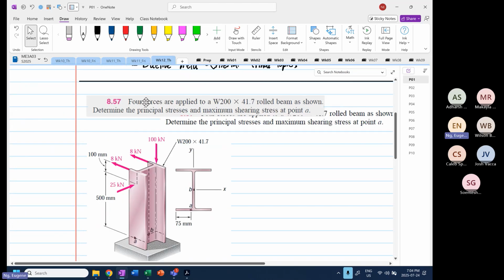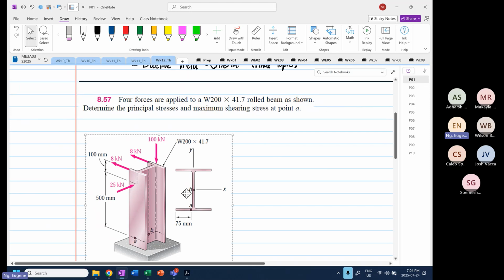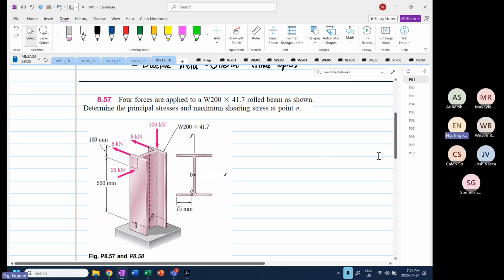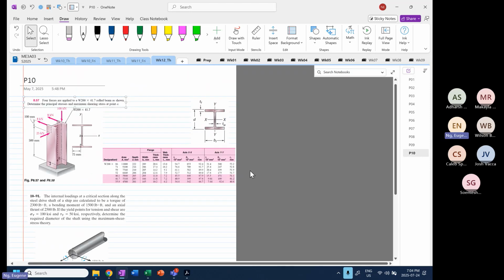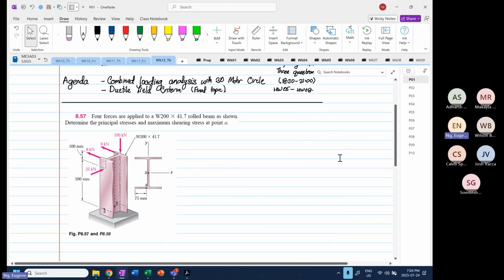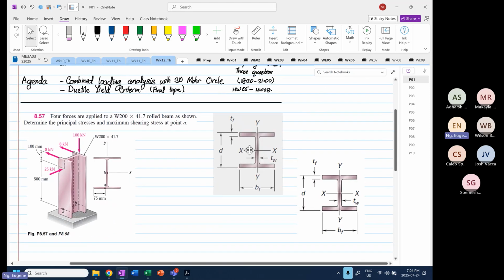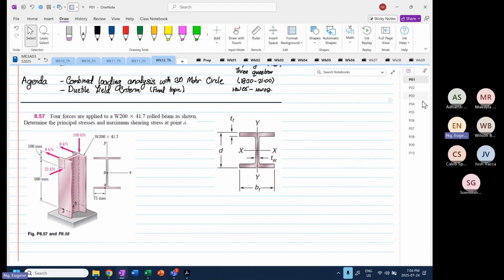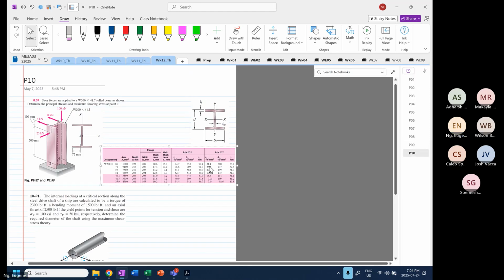This is true engineering work. In real life, this is what you're expected to do, and for this course, you're expected to know in detail how to do a complete structural analysis.